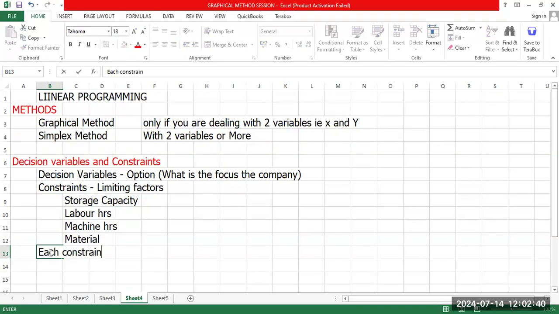That should be in your mind: when I confirm that this is my constraint, that constraint must help me to formulate an inequality.